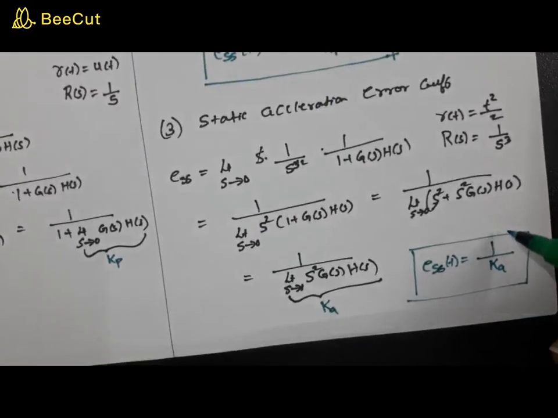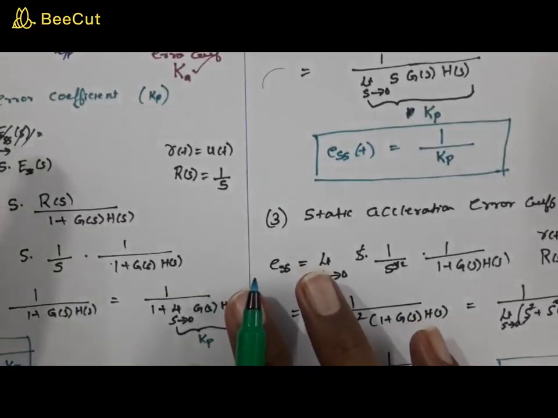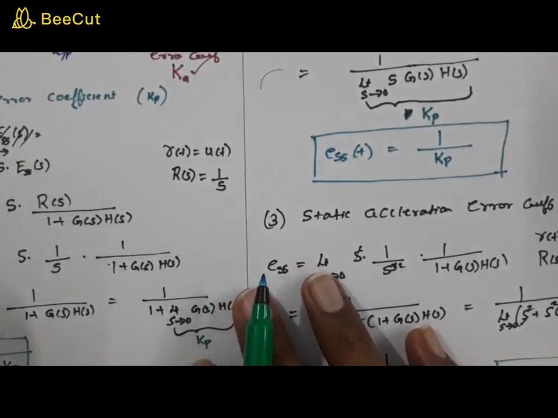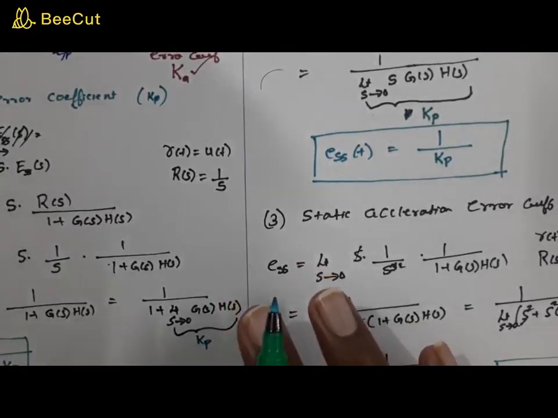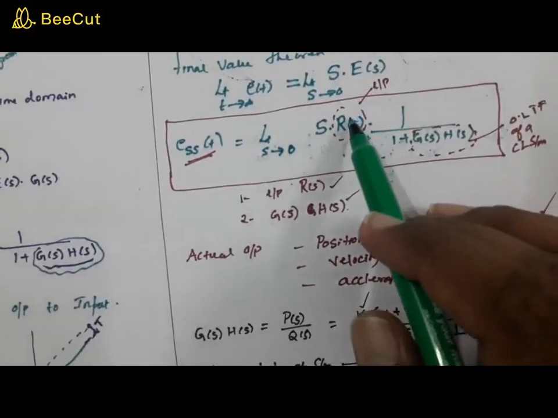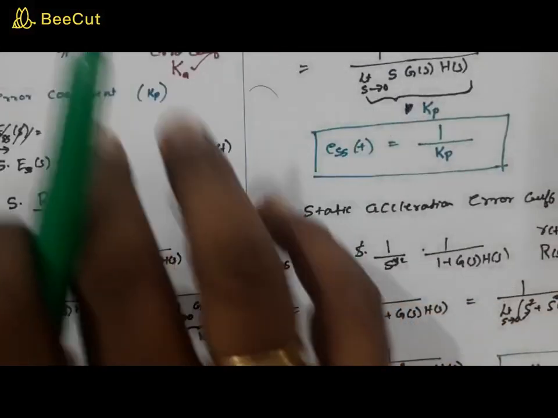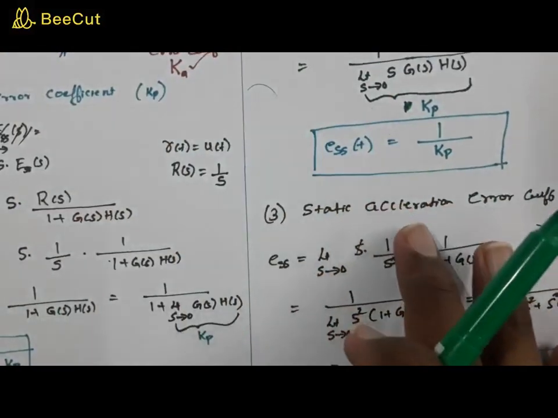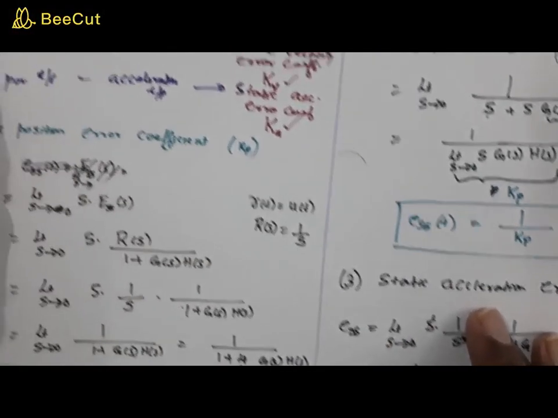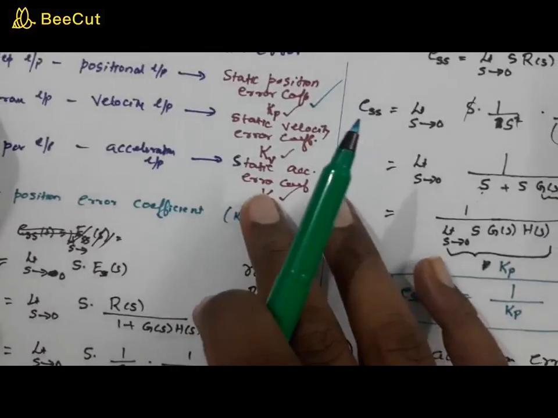Okay, so this is it. In this session, we have related the static error coefficients. As I mentioned earlier, the steady state error depends on the input as well as the open loop transfer function. Now, in this session, we have just seen the relationship between the steady state error and the various test inputs that you apply.